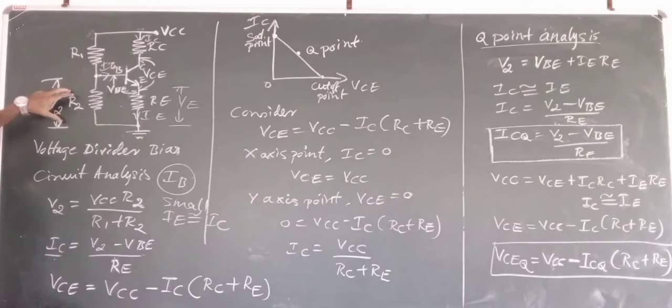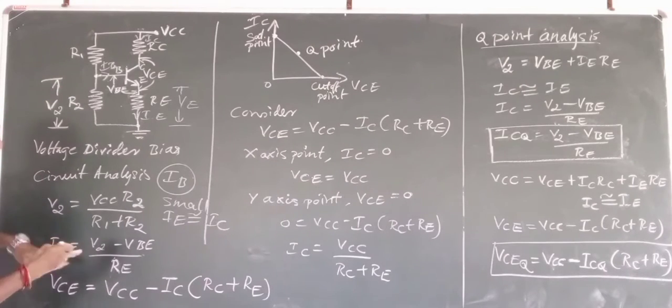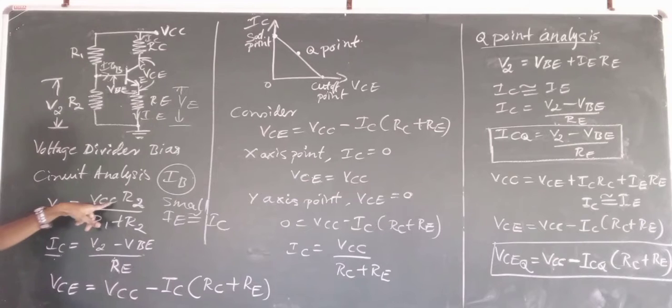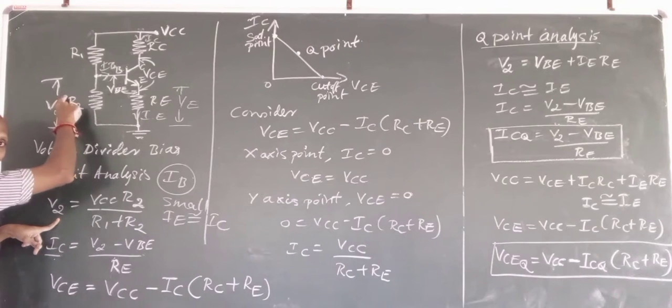If a voltage divider bias circuit has been given for you, and I know the values of R2, R1 and VCC, I can make out the voltage drop across V2.